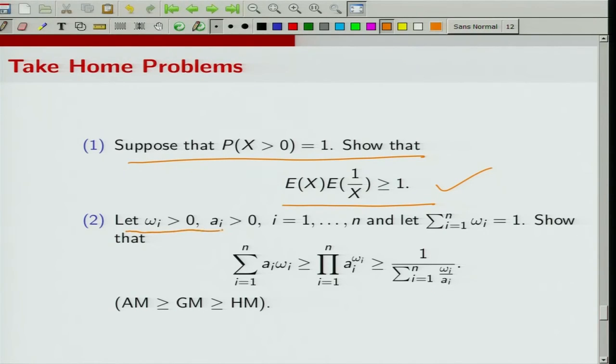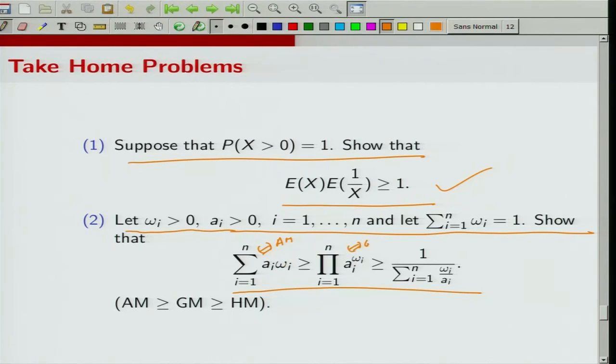Now let the ai's be positive constants, the wi's be positive constants, and summation of wi is 1. Then summation i equal to 1 to n, ai wi is greater than or equal to product i equal to 1 to n, ai to the power wi, is greater than or equal to 1 upon summation i equal to 1 to n, wi by ai. Now this is called the arithmetic mean because it is a weighted mean of the ai's with weights wi.